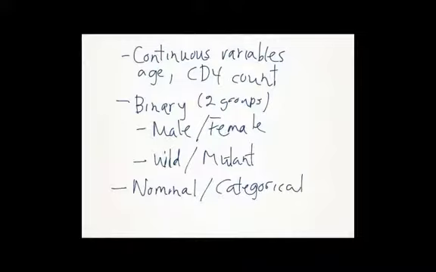So what are some examples? We might say race might be an example, or group membership. And so on. You can think of other types of examples. So continuous, binary, or nominal.